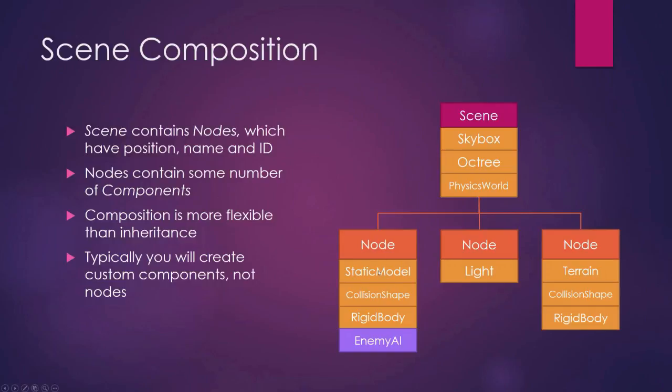The enemy has a static model, which is its mesh, enabling it to actually be rendered as something you see. It has a rigid body, which is what the physics engine sees the node as. The physics world is going to find all of the physics components in your scene and run simulations to work out how they move, in reaction to bouncing off of each other or whatever they do.